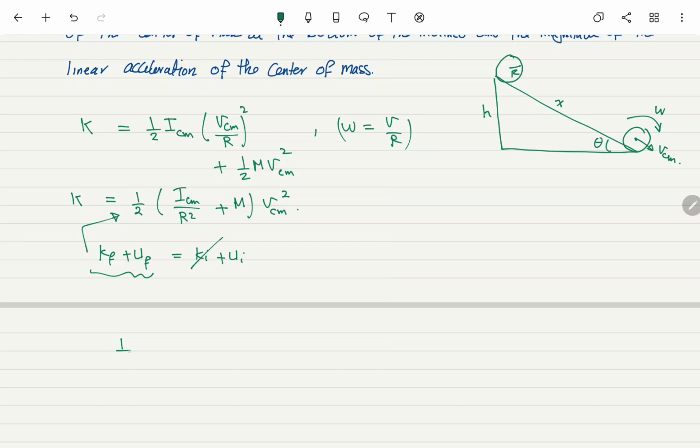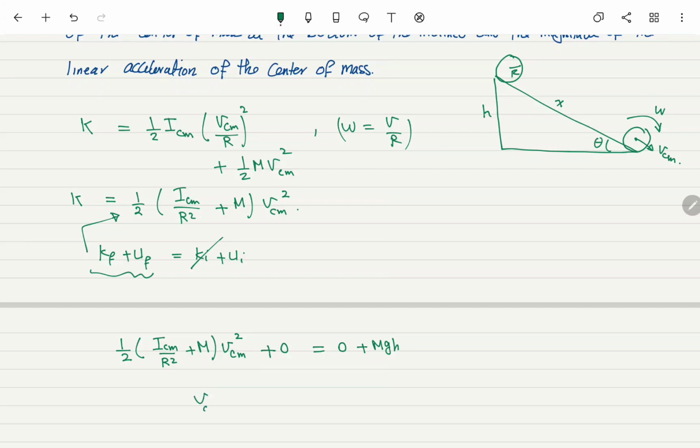In this case, half I center of mass over r square plus m v center of mass square plus 0, again no potential energy at the bottom of the inclined surface, equal to no kinetic energy at the beginning of motion plus m g h, only potential energy we have at the beginning.